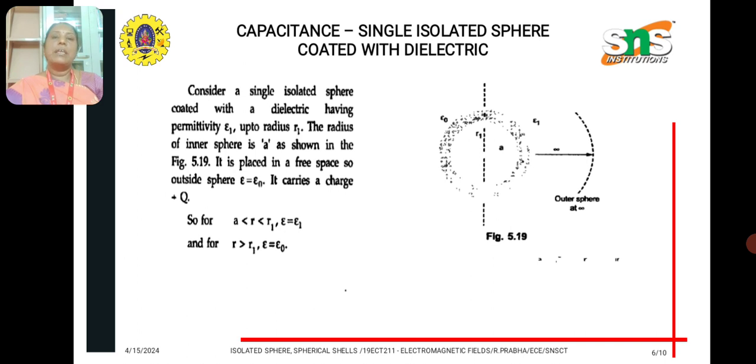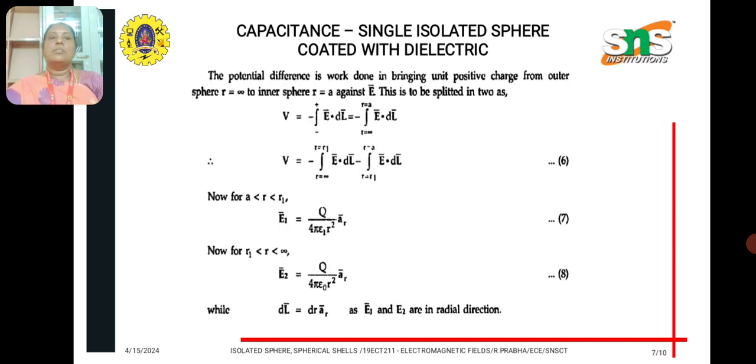So for air medium, the permittivity is taken as epsilon naught. So there are two cases of radius: up to R1, the permittivity of the dielectric is epsilon 1, and beyond R1, the permittivity is epsilon naught.